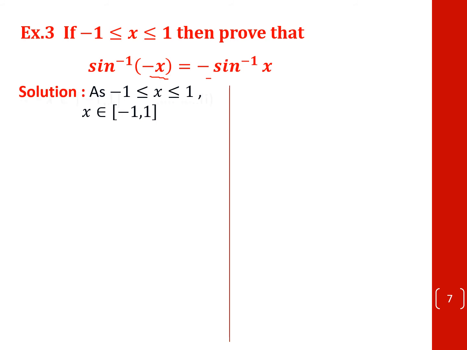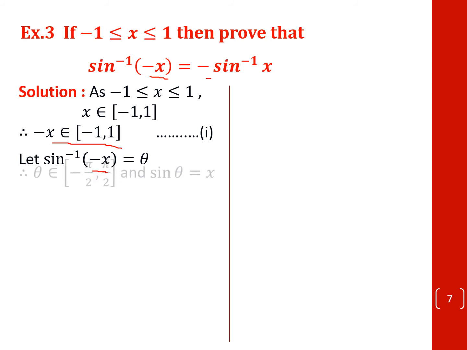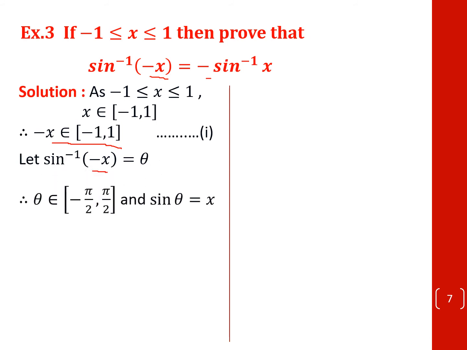Therefore, minus x also belongs to closed interval minus 1 to 1. Call it equation 1. Now, let us assume that sine inverse of minus x equals theta. Now, what is the principal value branch of sine? That is, theta belongs to closed interval minus pi by 2 to pi by 2.